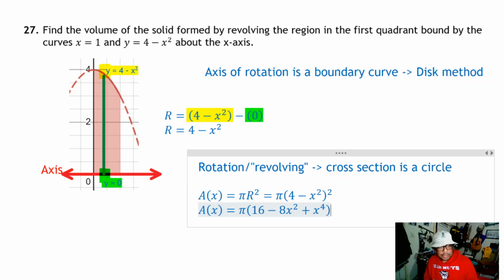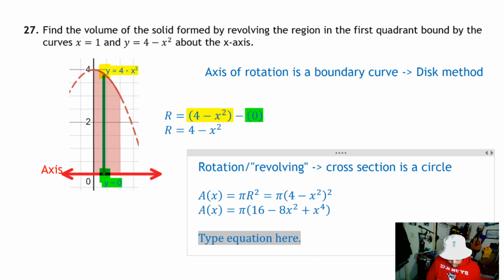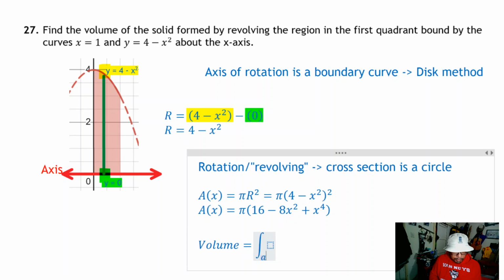Now all I need to do is integrate this from the lowest value of x to the greatest value of x. So the volume is going to be equal to the integral from a to b of the area formula dx.